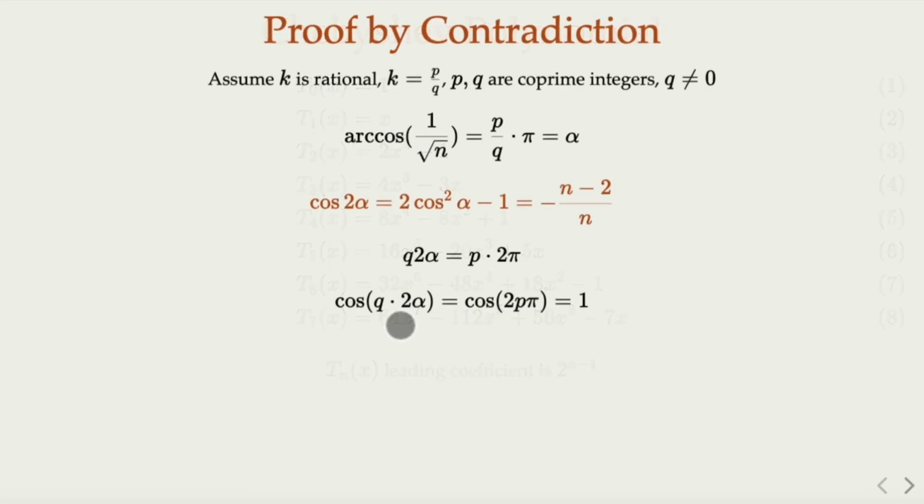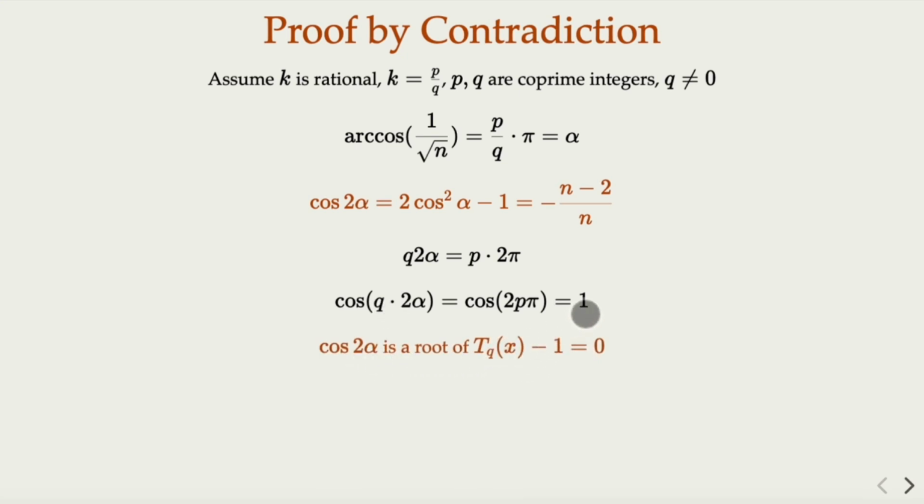Now, go back to what we have so far. We assume this is rational, and then we use the double angle formula. We claim that cosine q times 2 alpha is going to be equal to this. Which means cosine 2 alpha is going to be the root of this polynomial, the Chebyshev polynomial of order q. So cosine 2 alpha is the root of this one.